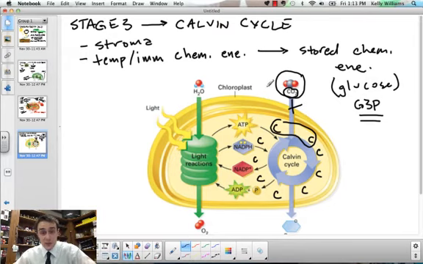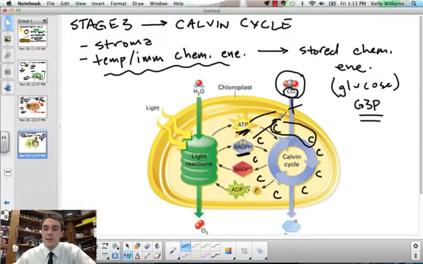The energy we need to form these things into this G3P, this glucose, well, that comes from this stuff right here, the NADPH and the ATP. So ATP and NADPH are both forms of chemical energy that assist in putting together the carbon from carbon dioxide and the other carbon compounds that are floating around inside the stroma and giving us glucose, or more specifically, G3P.